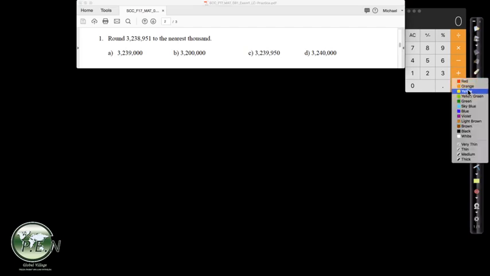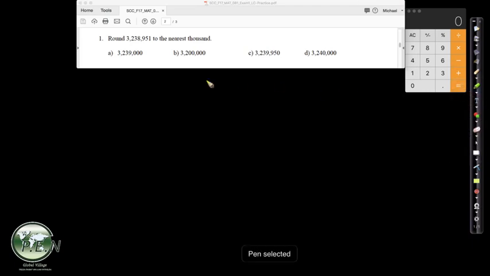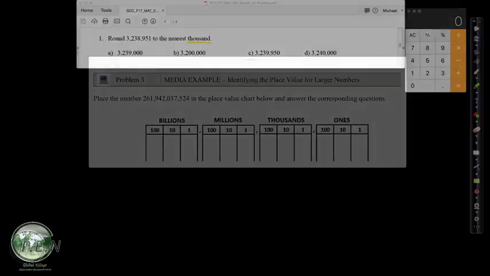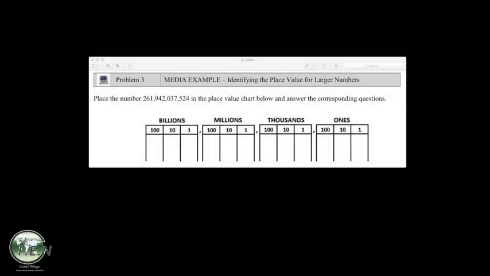We'll start off with the nice yellow color. So the first question is asking us to round to the nearest 1,000. And what you're going to want to think about for what 1,000 is is the place value chart, which you should kind of have in your mind.